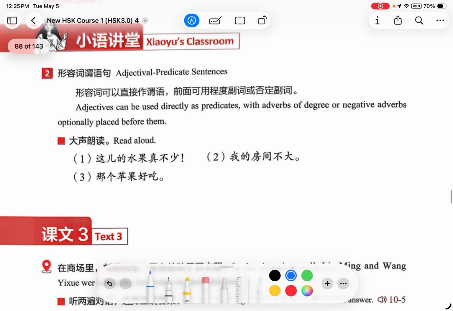The most important grammar in this class is adjectival predicate sentence. Adjectives can be used directly as predicate with adverbs of degree or negative adverb optionally placed before them.